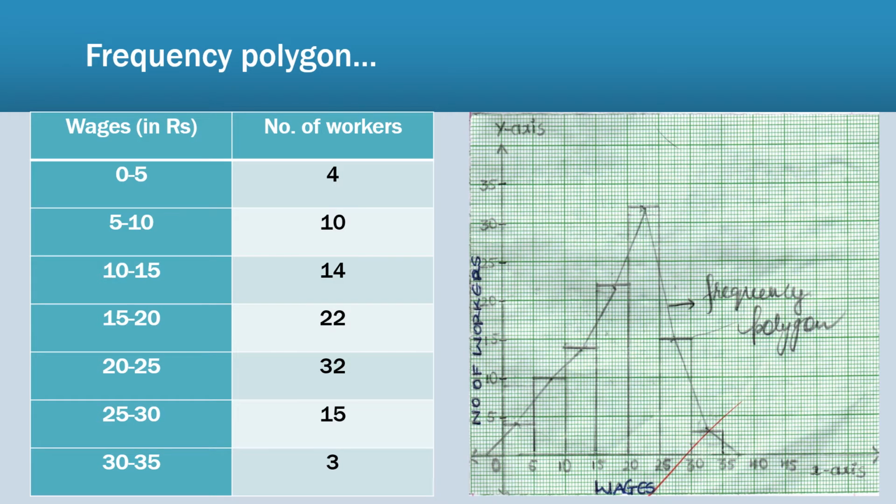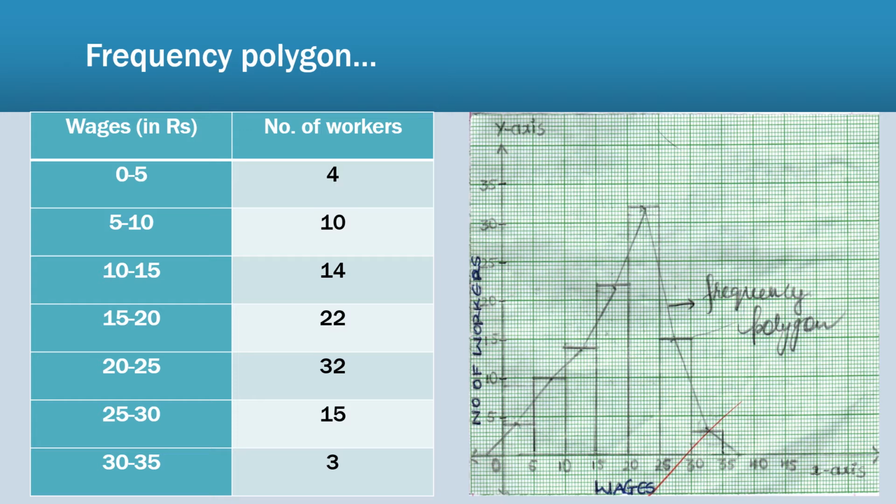Here we have a frequency polygon which is drawn with the help of the top sides of the consecutive bars or rectangles of a histogram. So here we have wages shown on the x-axis and number of workers shown on the y-axis. And as you can see, at the midpoint of the class interval, you can plot your point there.